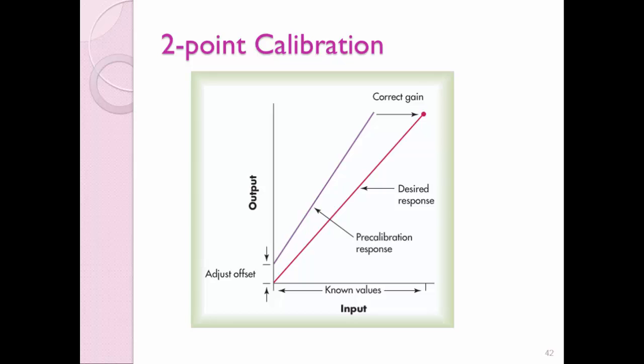A 2-point calibration is actually done every few hours in regular intervals, whether it's every 4 hours, every 6 hours. But there's 2 points of calibration now, and typically a high oxygen level, a low oxygen level, a high CO2, a low CO2, a high pH, low pH.